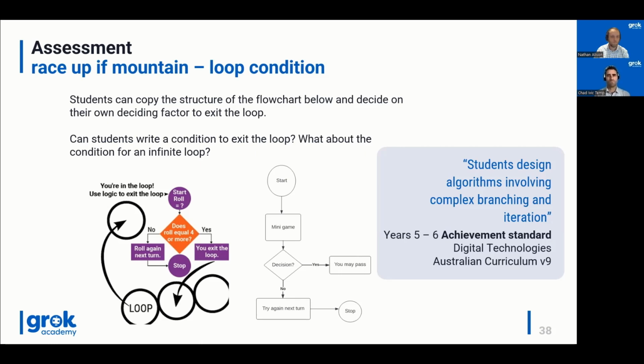So in students' work, you might want to check that they haven't got themselves or another player in an infinite loop. For example, if the question was, did you roll a 7? That's not really possible because there's only a 6 on the dice, so you'd want to check the student's understanding if they said 7, because the player would be stuck in the infinite loop.